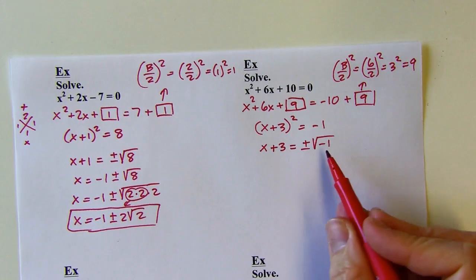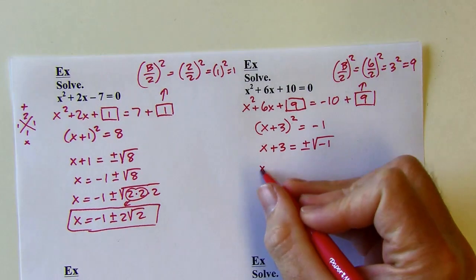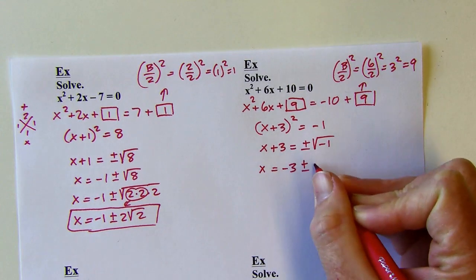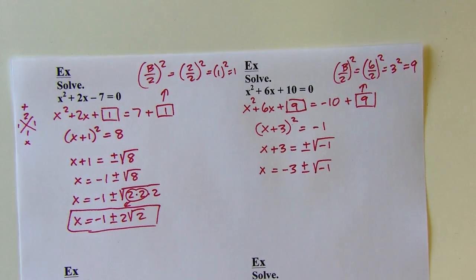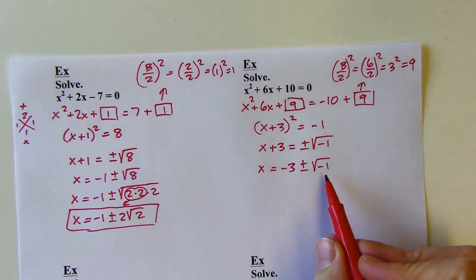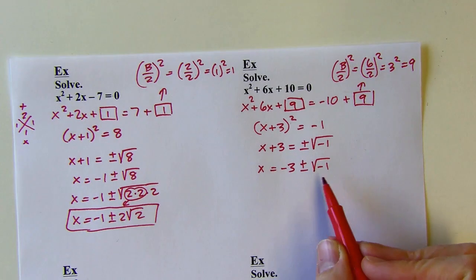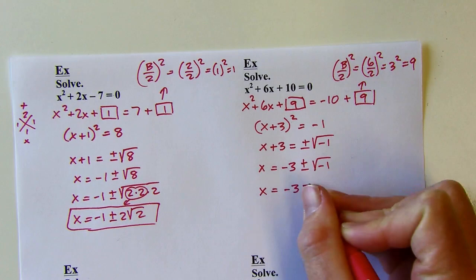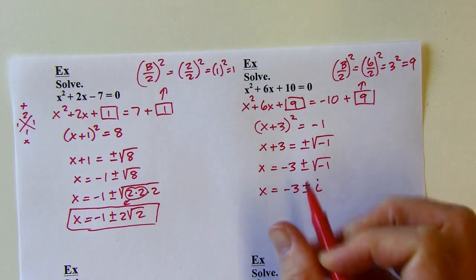Hey, I've got the square root of a negative number. So I'll subtract 3 first, but I don't want to leave my answer like that, right? Because the square root of negative 1 is i. So final answer I'm going to write as negative 3 plus or minus i.